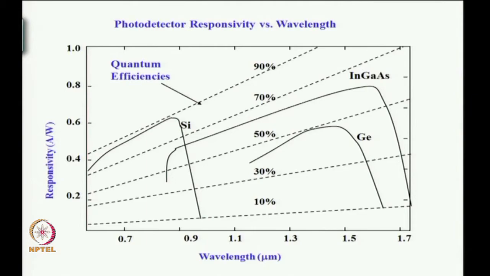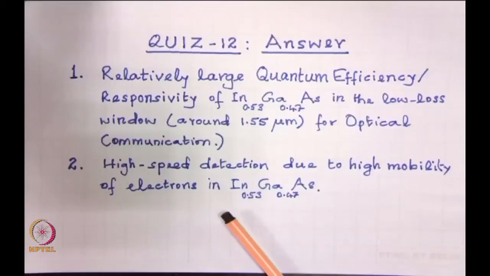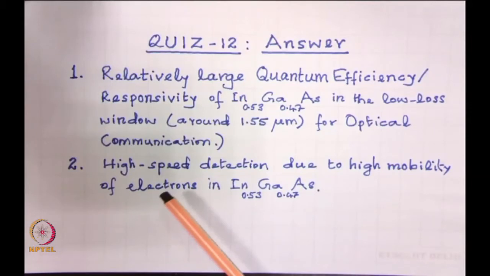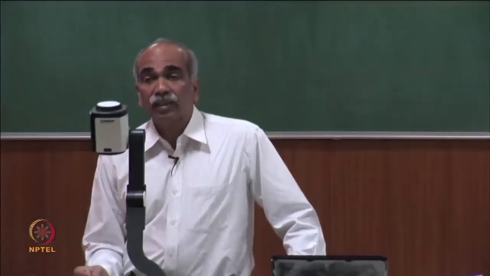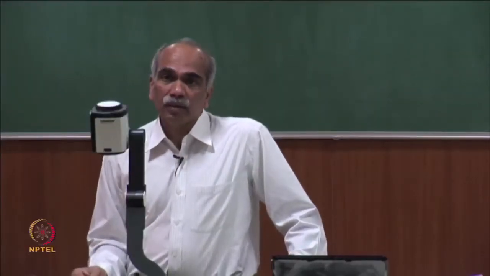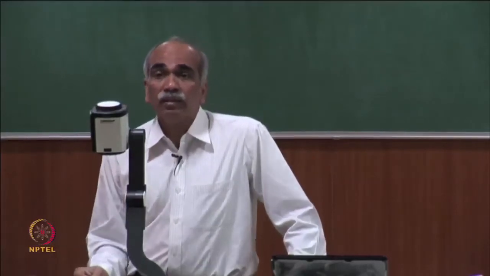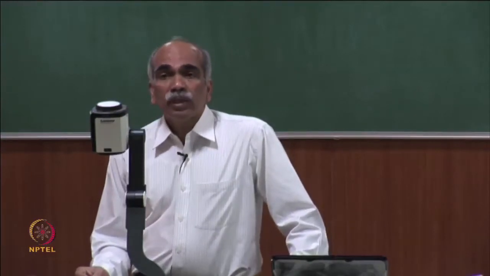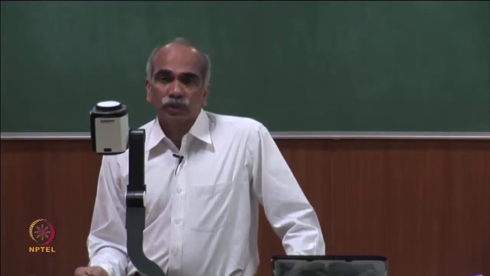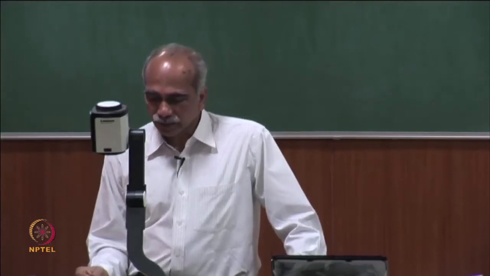The second reason is for high speed detection, due to the high mobility of electrons in indium gallium arsenide. In the last class or in an earlier class, we discussed that the electron mobility of indium gallium arsenide is of the order of 14,000 centimeter square per volt second, compared to silicon and germanium, which have a few thousand of mobility of electrons.